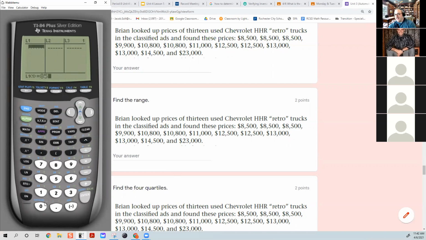Once it's blank, I can start to add in these numbers. Like so, 8,500, another one, there we go. I do 8,500 again. I would continue doing this. I'm not going to finish it. This is the easy way of doing this. I would continue putting all these numbers in here.